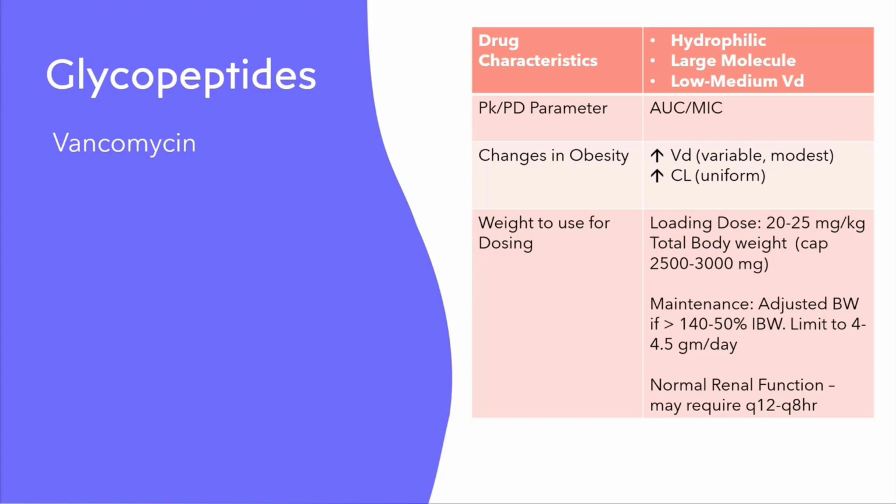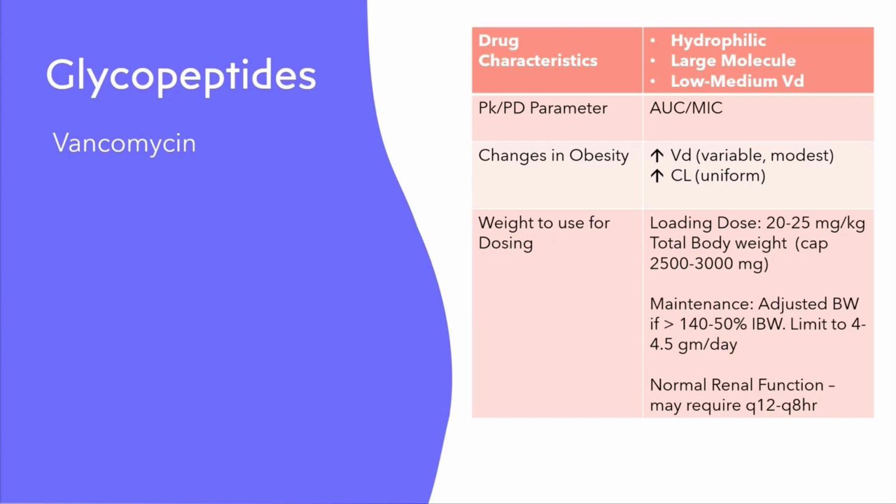And again, you're likely to hit dose capping limits or likely not want to exceed 4 to 4.5 grams per day. Usually in those patients, if you're even entertaining those doses, you probably should be thinking about another antibiotic anyways, because you simply won't be able to hit those PK/PD parameters of the AUC to MIC goals.